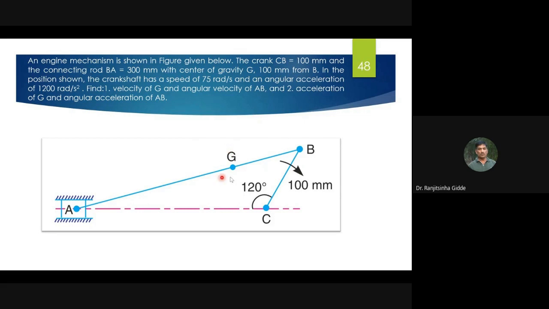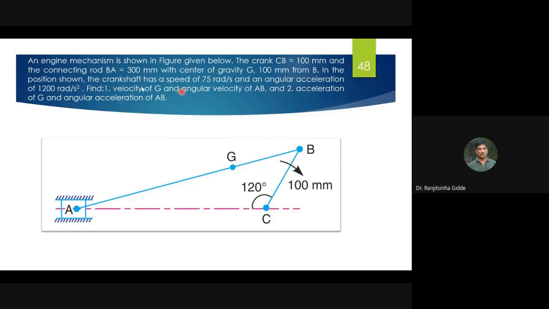So find the velocity of G and angular velocity of AB. We need to find out the velocity of G, and for that we are going to draw the velocity diagram, and the angular velocity for this AB. And number two, the acceleration of G and angular acceleration of AB.